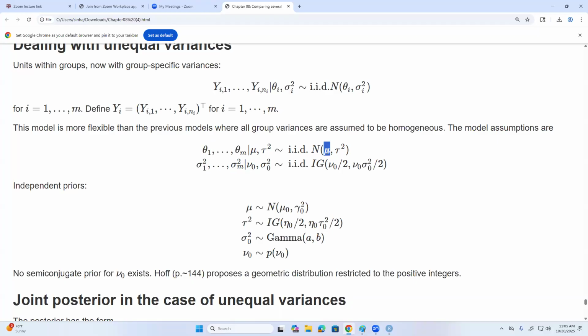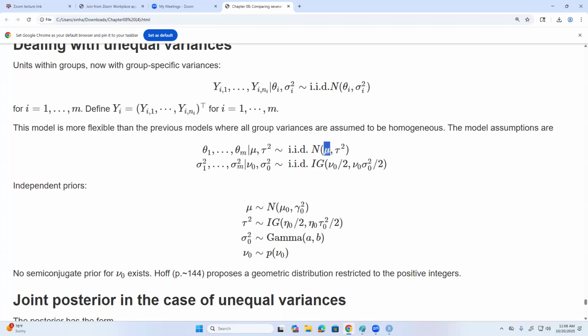My point is theta 1, theta 2, theta m will not share information if I give a fixed mean value for the normal distribution. But if I allow the mean to come from another distribution, then there will be some sharing of information across the groups, and that I wanted.